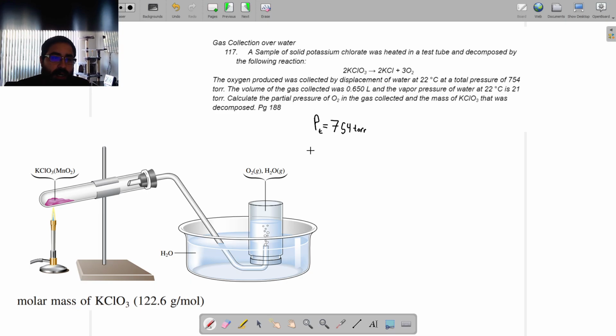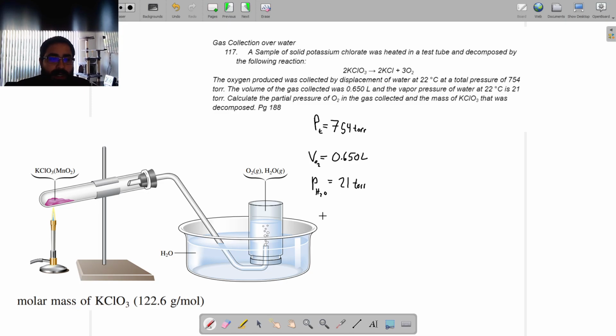The gas collected was O2, and the volume of O2 was 0.650 liters. And the pressure of the water vapor, the pressure of H2O, is 21 torr.